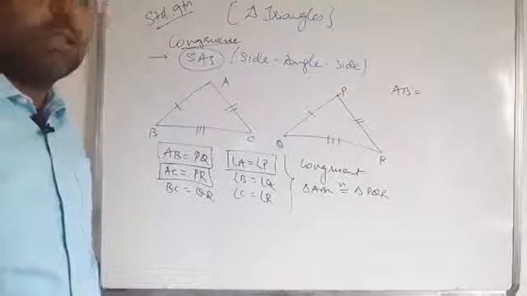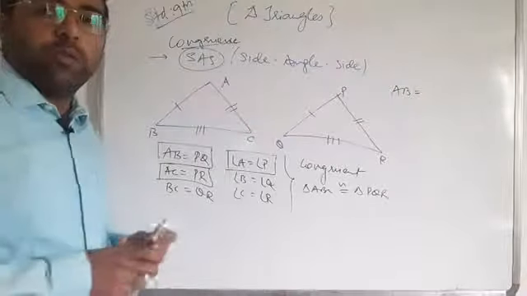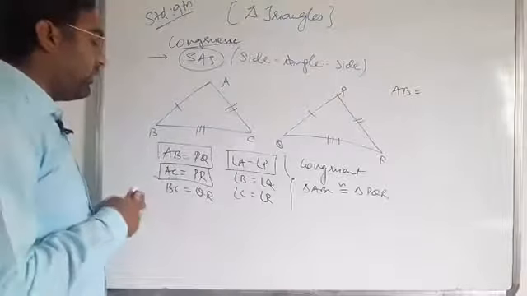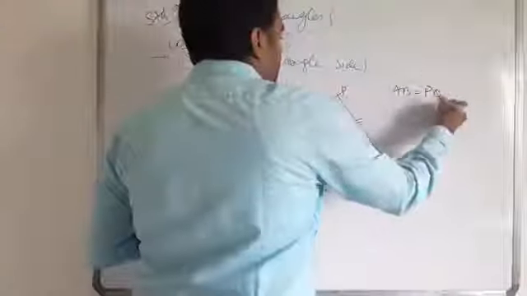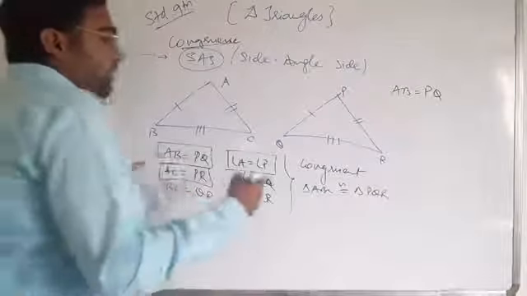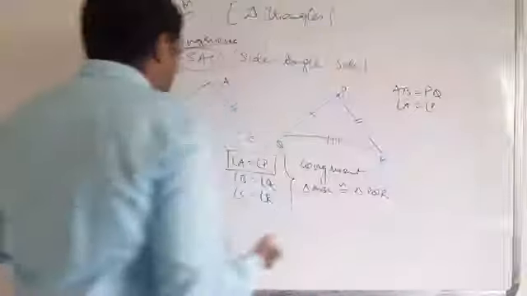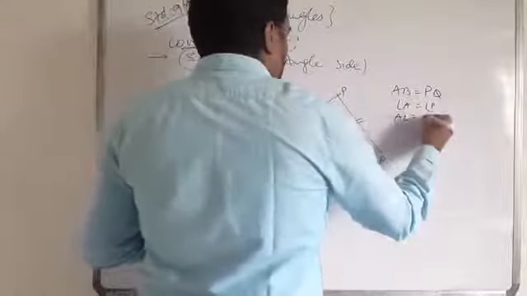We have seen that if we take side angle side congruency, then I'll take AB equal to PQ, one side equal, AB to PQ, one angle, angle A equal to angle P, and one more side, AC, equal to PR.